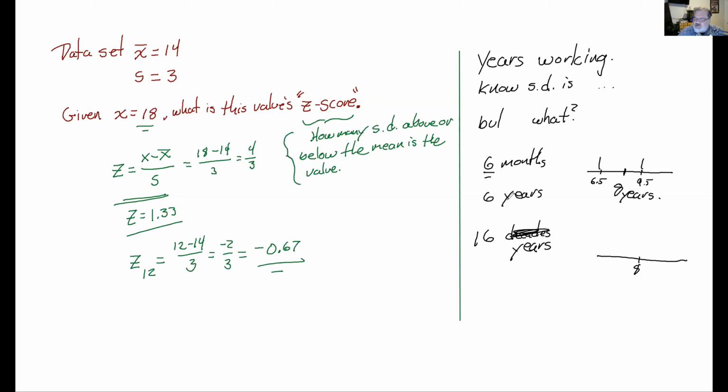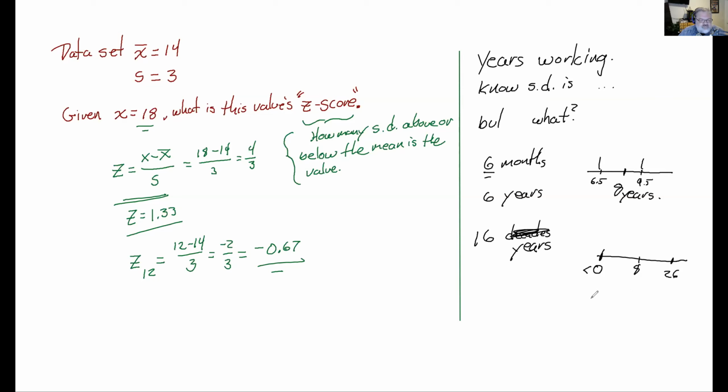If 6 years is our standard deviation, then 3 of those would be 18 years. So 8 plus that is 26. 8 minus that is, well, 0 or less.